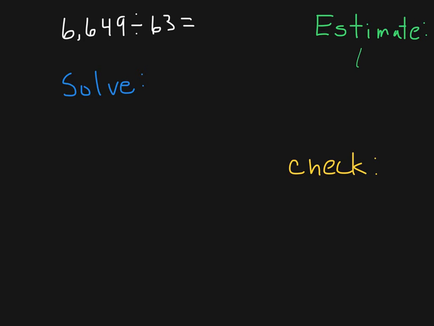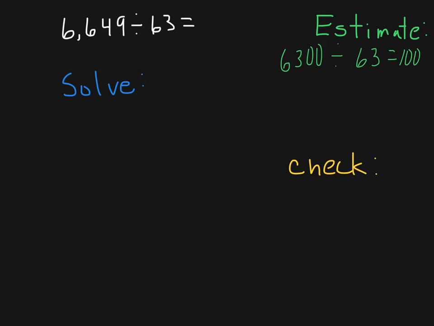So I'm going to go ahead and keep my 63 the same and just round 6,649 to 6,300. And so that's, of course, just 100 times 63. So that will be my estimate.